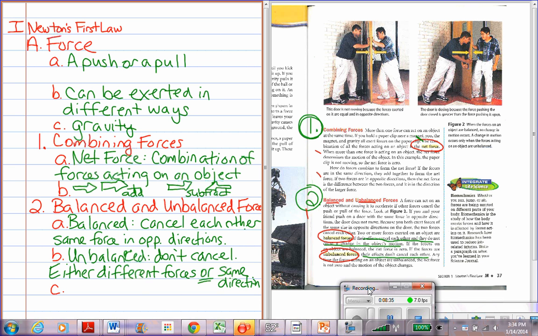Okay, so balanced forces. The net force is 0. Okay, and for unbalanced forces, then you either need to add them together or subtract them. Okay, that was a lot of information, but this is stuff we've already done.